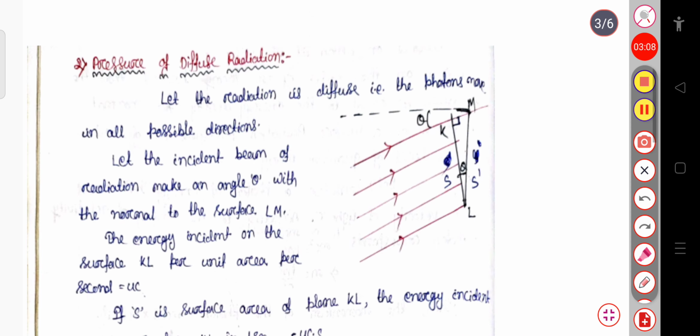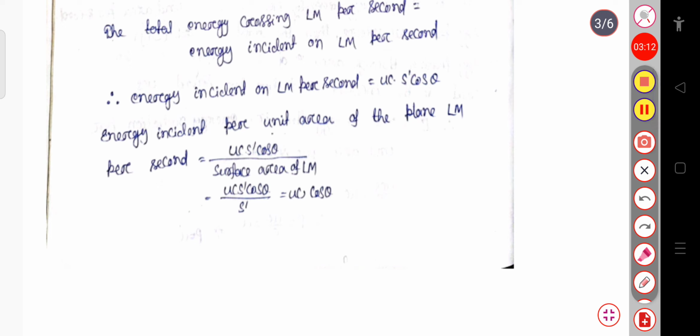LM means this is your LM surface. So this will be equal to UC S prime cosine theta divided by S prime. So S prime gets cancelled, and that will be equal to UC into cosine theta.